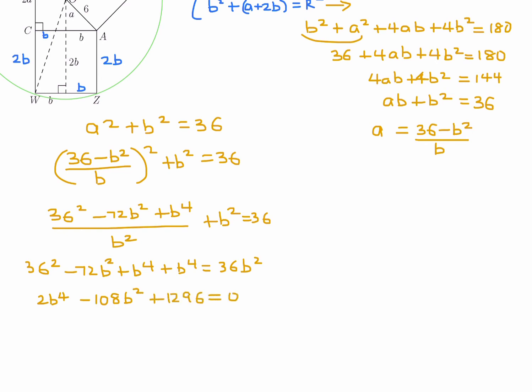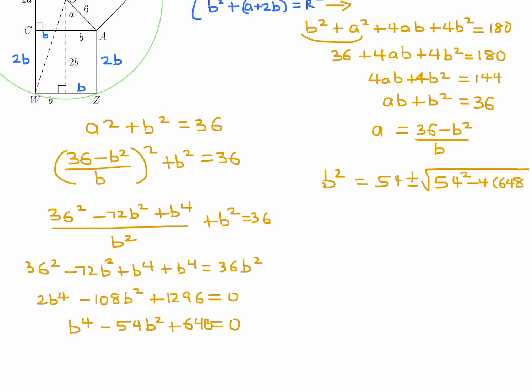Divide through by 2, and we get B to the power of 4 minus 54B squared plus 648 is equal to 0. So that means B squared, using the quadratic formula, will be equal to 54 plus or minus the square root of 54 squared minus 4 times 648, all over 2.